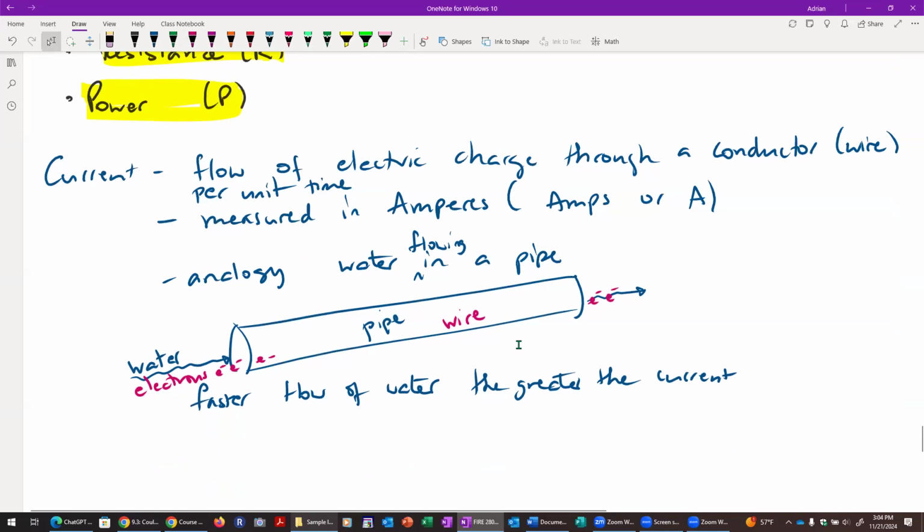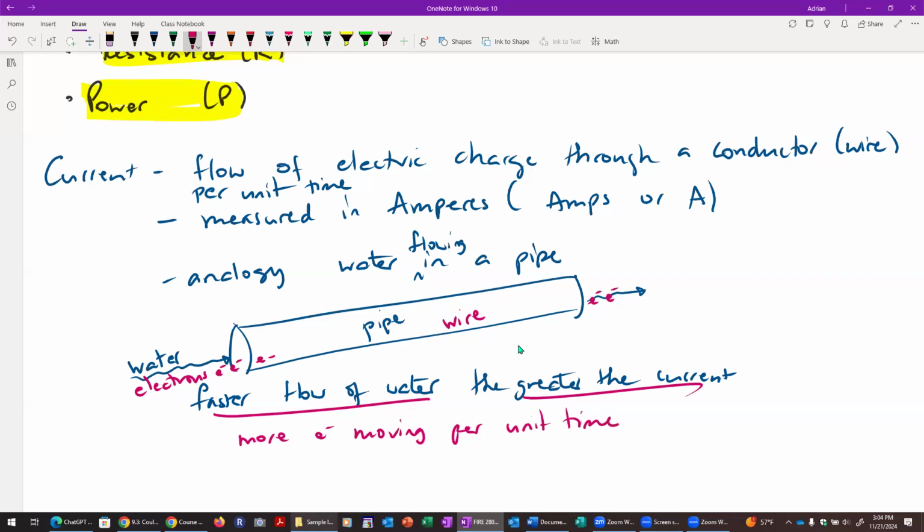A couple of things can affect the current. The faster the flow of the water, the greater the current. This means more electrons moving per unit time would mean greater current. Faster moving electrons would be an analogy here. The other thing that can affect the current is the size of the pipe itself.